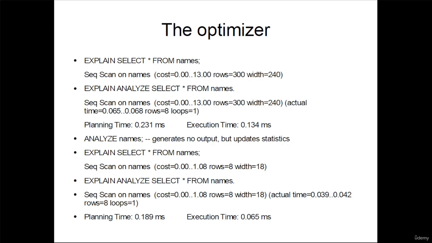To see more details, including actual execution times, use explain analyze to execute the query and see actual performance. Explain analyze select asterisk from names. Output. Sequential scan on names, cost equals 0..13, rows equals 300, width equals 240, actual time equals 0.065..0.068, rows equals 8, loops equals 1.